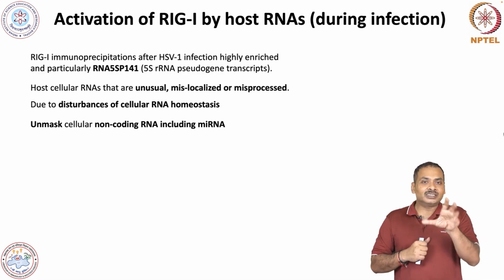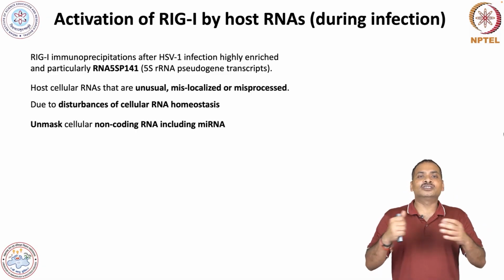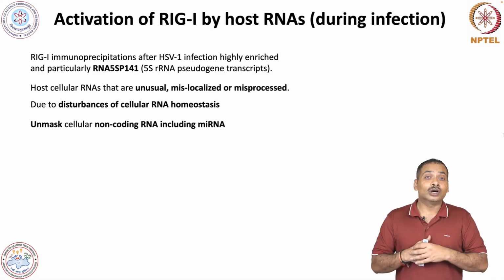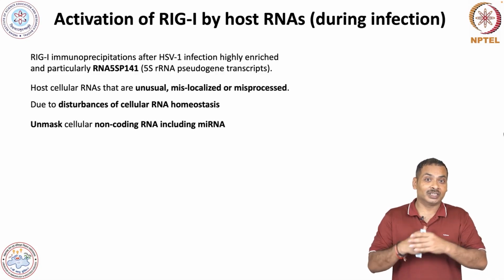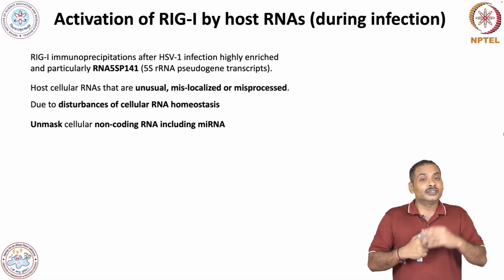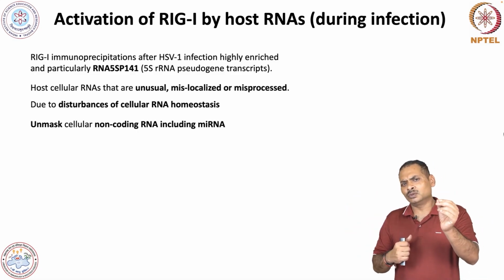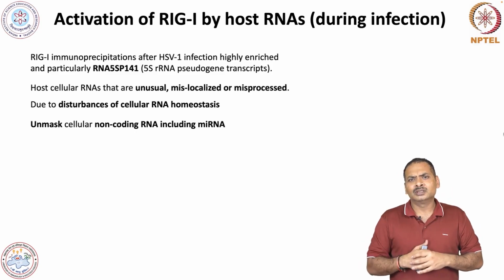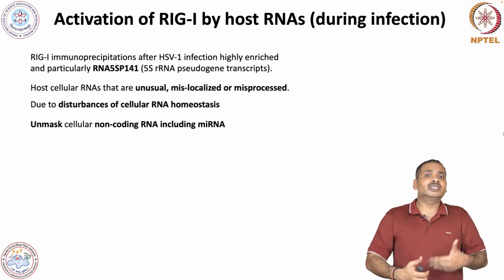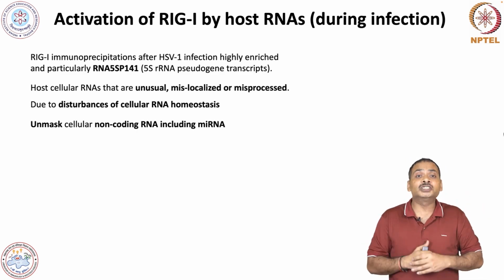This fine tuning is basically caused by a variety of RNA species, which we call non-coding RNA. This is quite a chunk of RNA. If you see the genome, only 2% of the genome makes protein, and for the rest of the genome we were not aware, but now we have evidence that they encode various species of RNA.